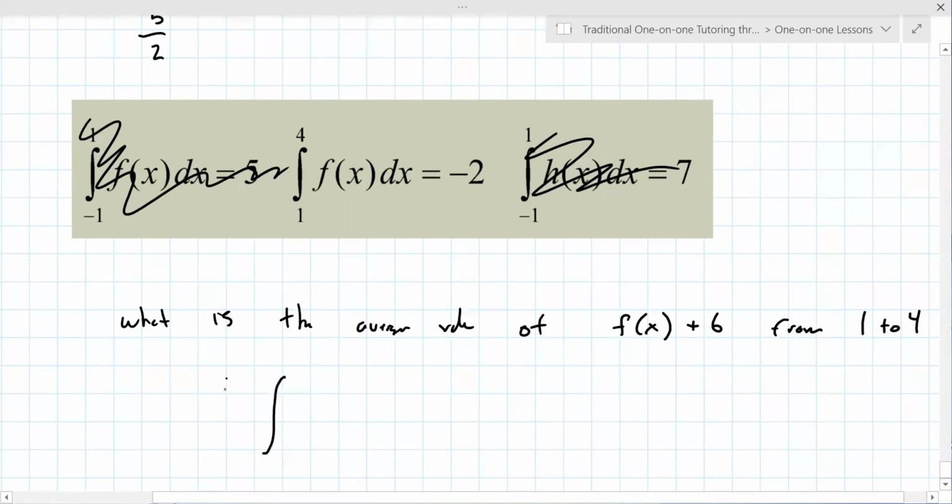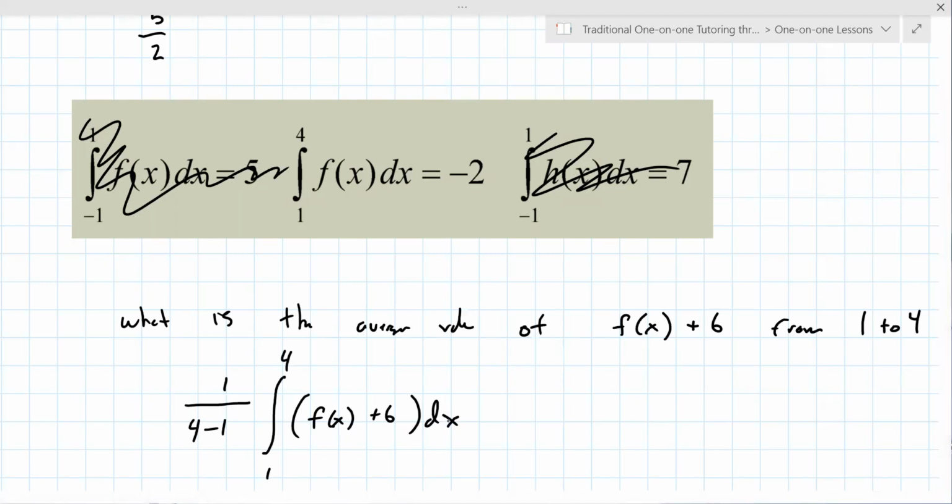So you do 1 over 4 minus 1, which is 4... one over 3.